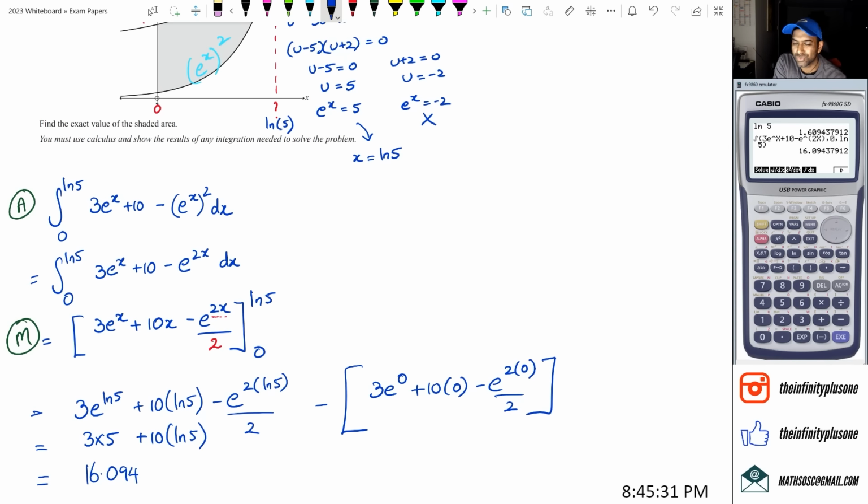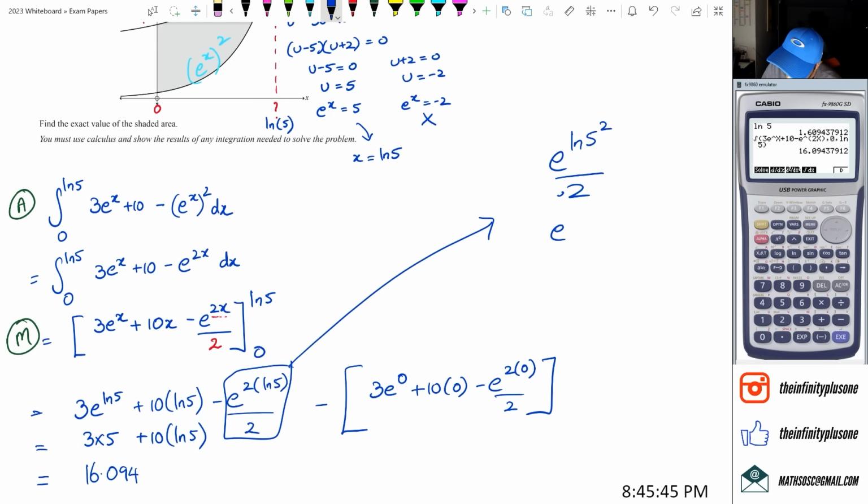Oh man, this is too much work for you guys. I know how they get 12.5, because basically this thing here, they rewrite it as e to the power of ln of 5 squared over 2, and then they get e to the power of ln 25 over 2. So e and ln cancel out, which is 25 over 2, which actually gives 12.5.